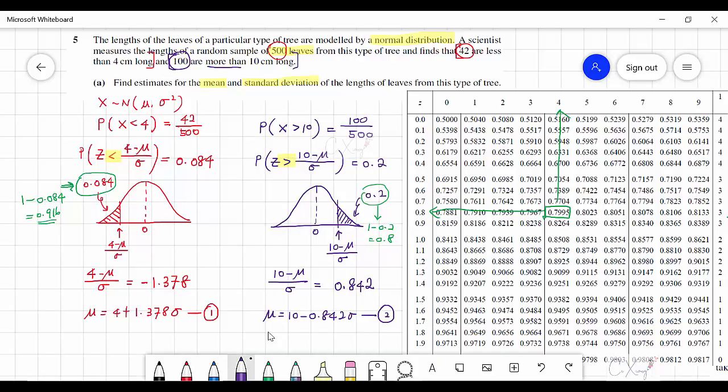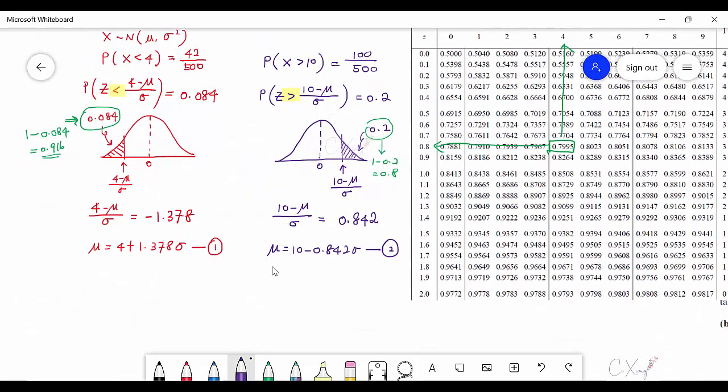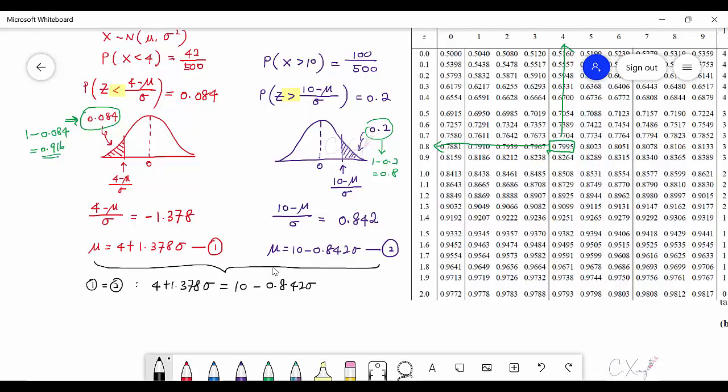All right, then you can try to solve the simultaneous equations now to actually get the value for mu and also the sigma. All right, so since 1 equals 2, therefore you should get 4 plus 1.378 sigma equals 10. All right, then if you continue from here, you rephrase everything and try to get the sigma, right?